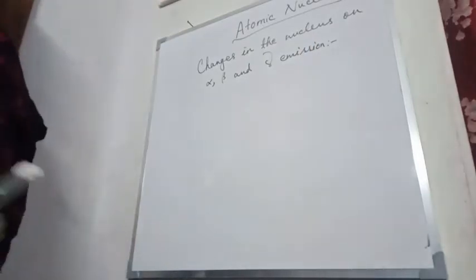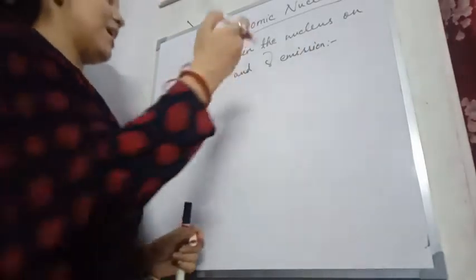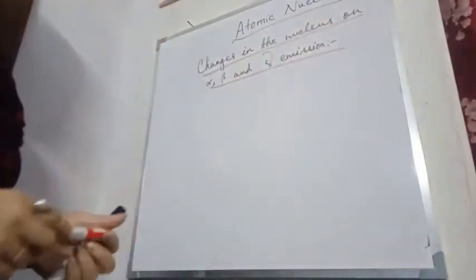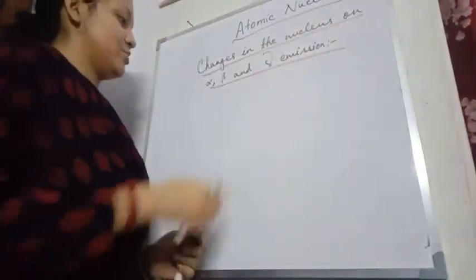What will happen to the nucleus of an atom when alpha particles are emitted, when beta particles are emitted, and when gamma particles are emitted? So first we'll speak about alpha emission.